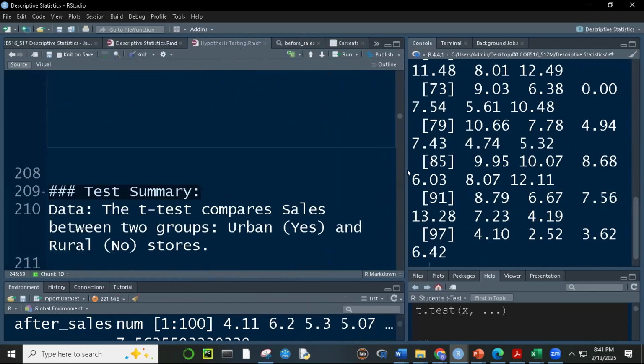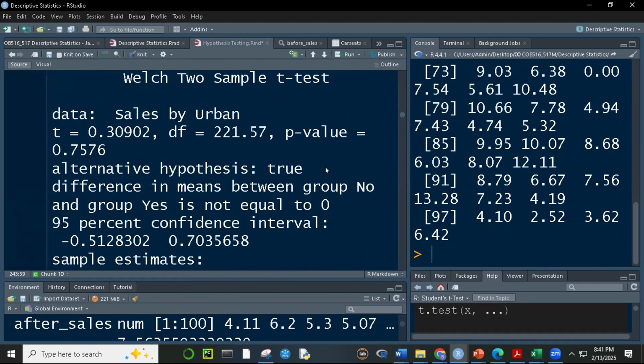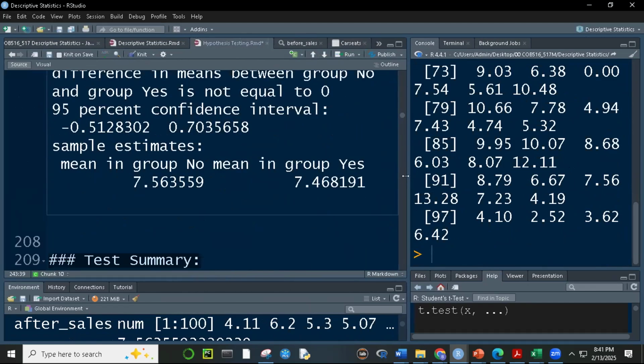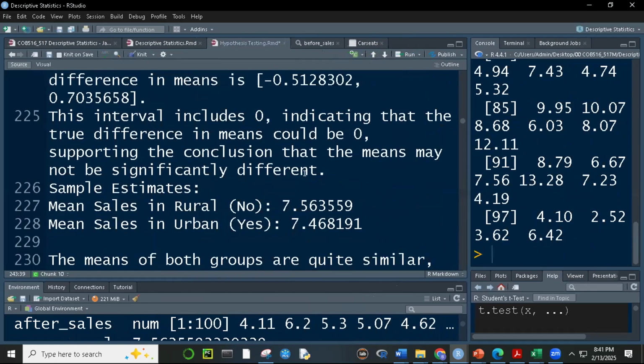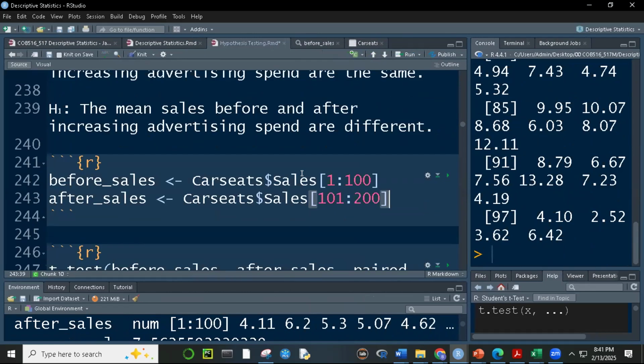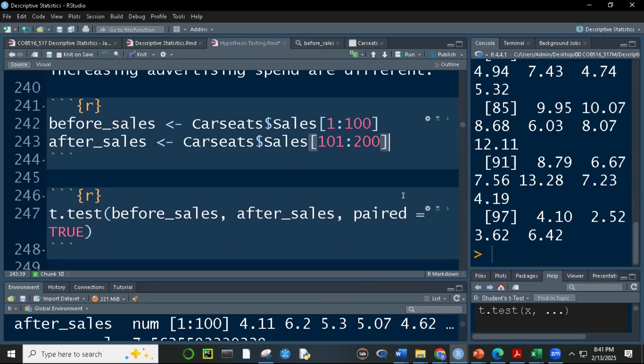Is there any question about the data? We were just assuming for purposes of discussion that the first 100 observations were a record of sales before the advertisement, and this one after the advertisement.